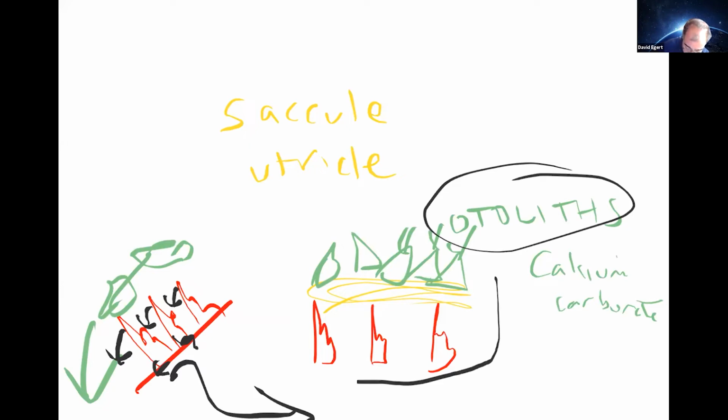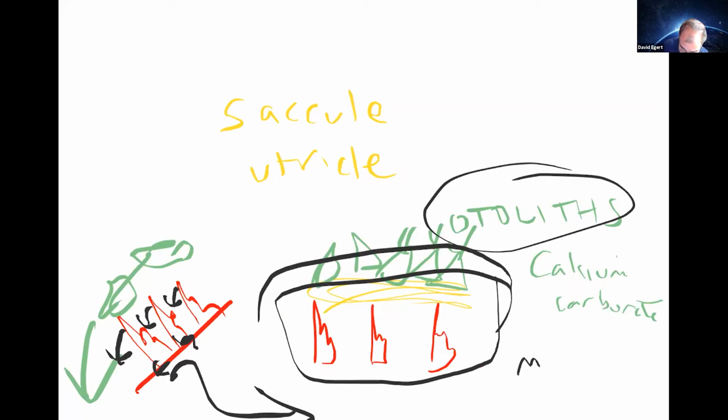This little patch of hair cells with otoliths, they call them macula. It just means spot. There's a saccular macula and a utricular macula. It just means that little patch of hair cells in that inner ear that are sitting there with the little gelatinous membrane and otoliths.